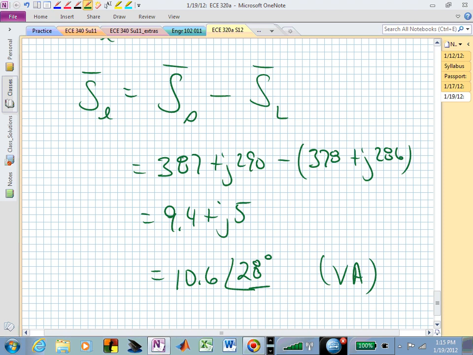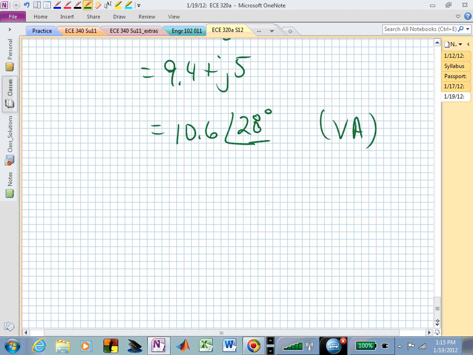Another way of computing it. You're supplying it, and the 2 loads, the line piece and the load piece, are taking away from that. Questions on that?